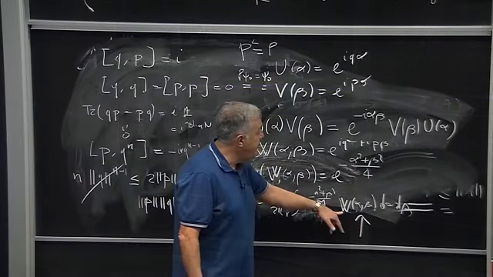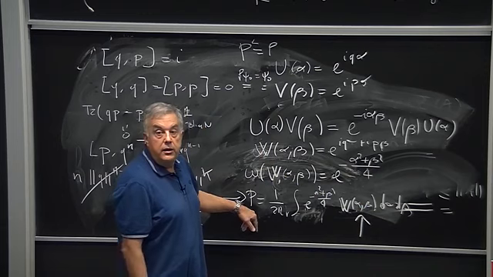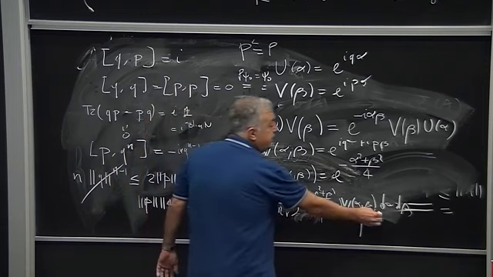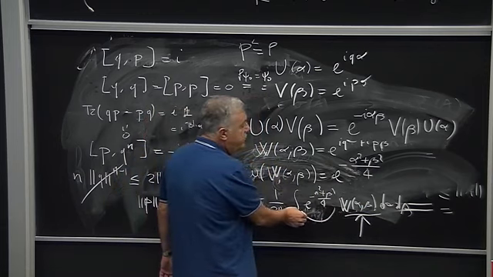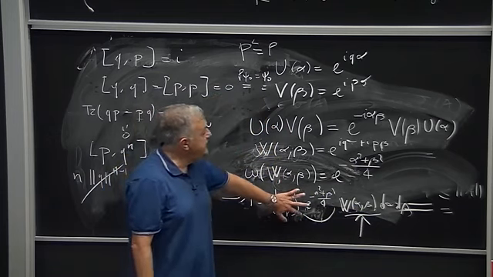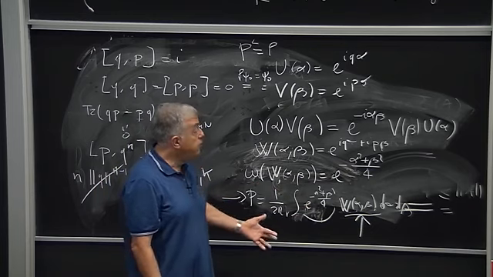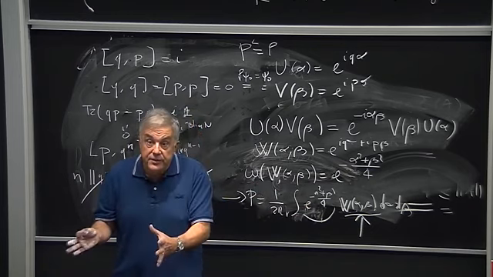Give yourself this W alpha beta, make this integral. You can do it. Because this is a unitary operator, this function is integrable. You can give a sense to this integral. And you can show that this is a projector. So this is represented in any representation.